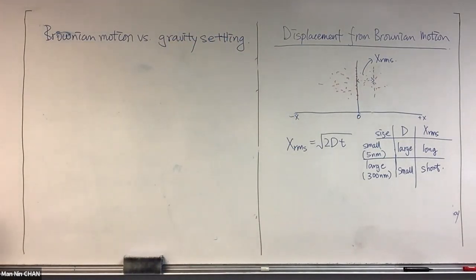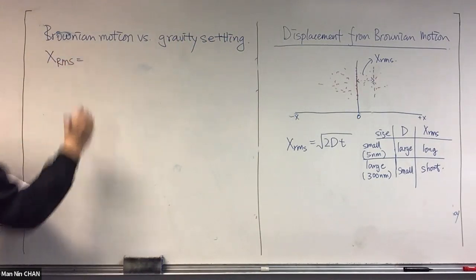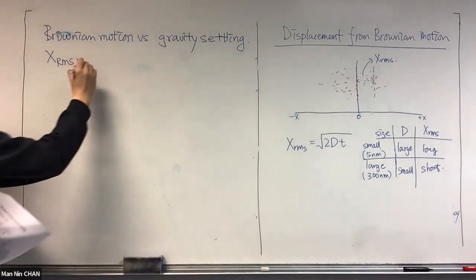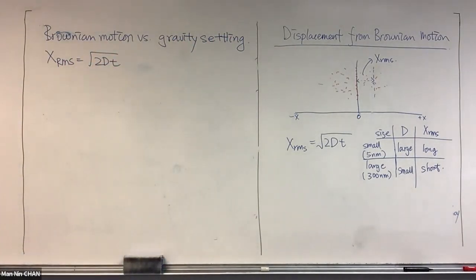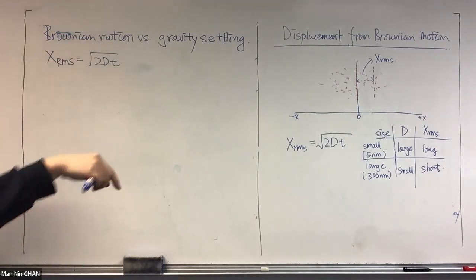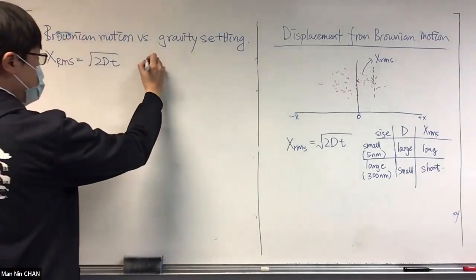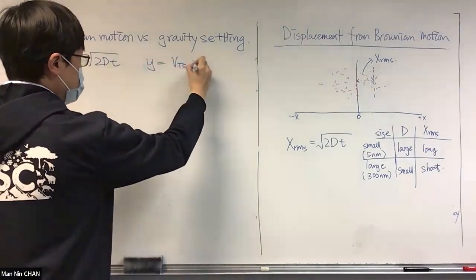One thing we can also compare is the displacement due to these two processes. For the diffusion, you can calculate the root mean square displacement using the equation I just showed here. And for the gravity settling, for a particle size you can calculate the settling velocity, so the displacement is your terminal velocity times t.